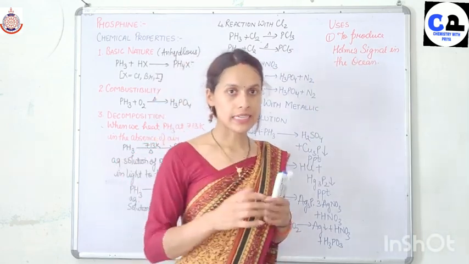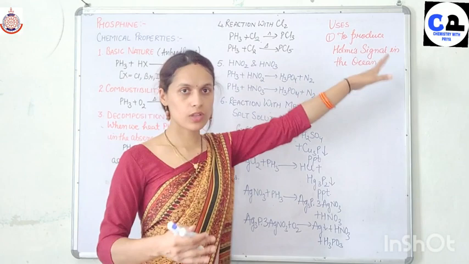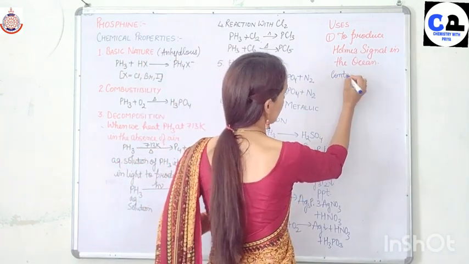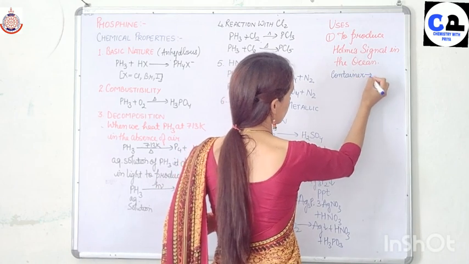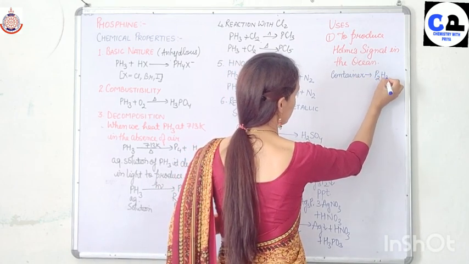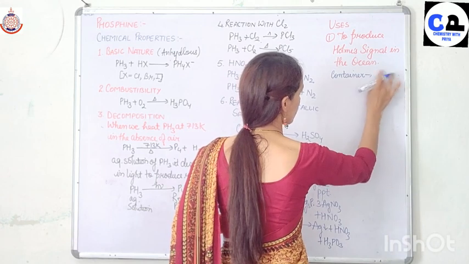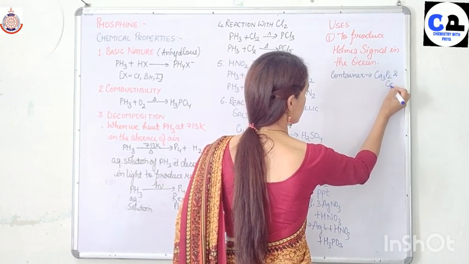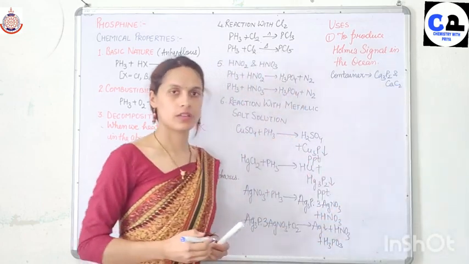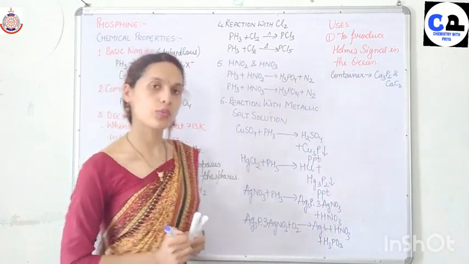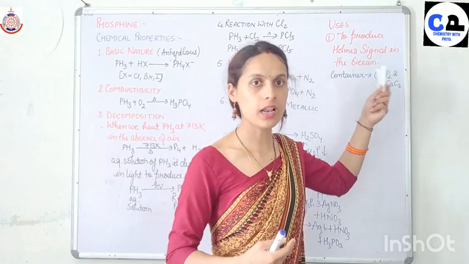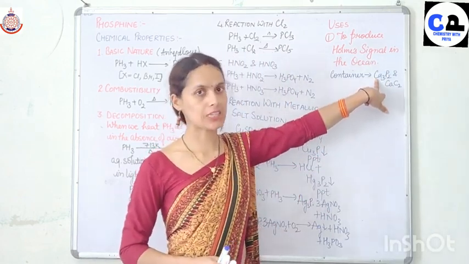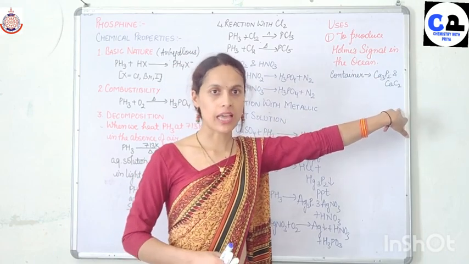How? The container through which we produce the Holme's signal contains two things: Ca3P2, that is calcium phosphide, and CaC2, calcium carbide.